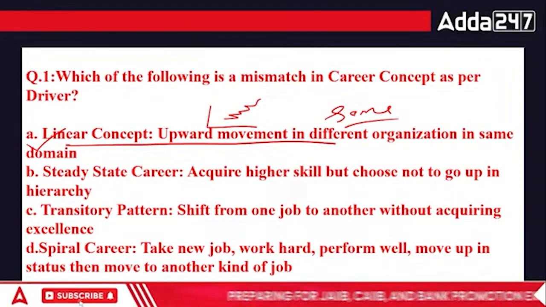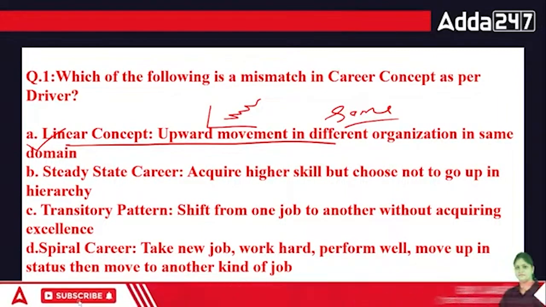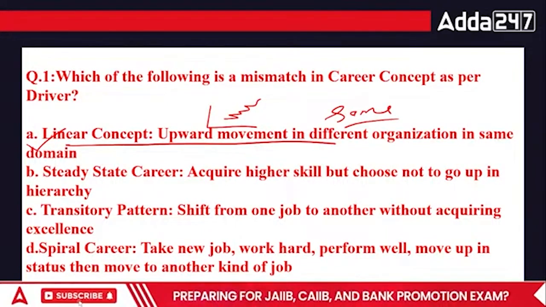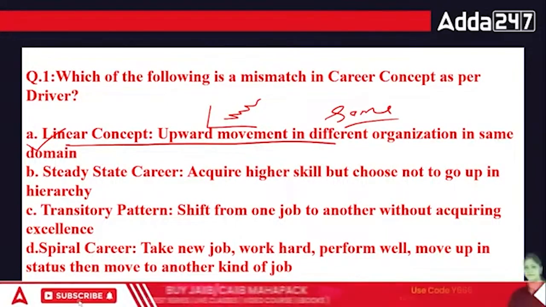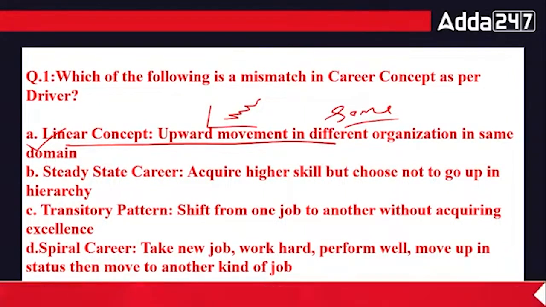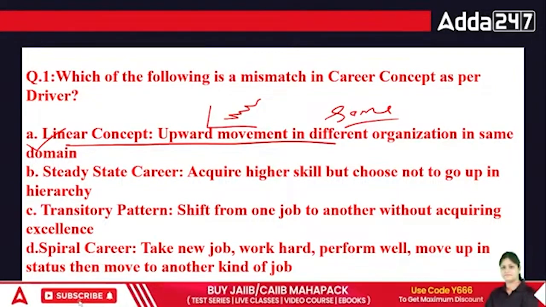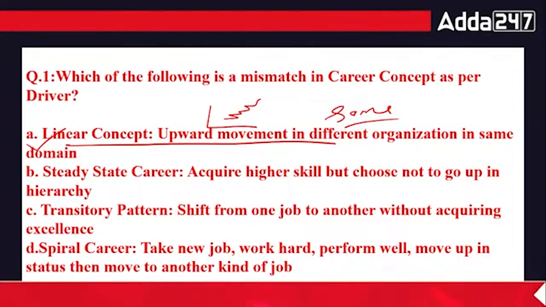That means you have not gained any excellence and you are shifting from one job to another. You have not achieved anything in that job. You have worked there for 2 years, then again you have started from zero, some other job, then you have worked there for 2 years, then you have started some other job, like that.